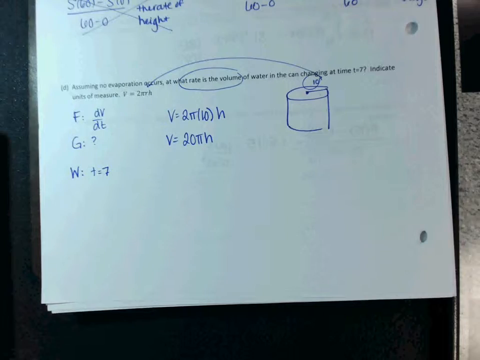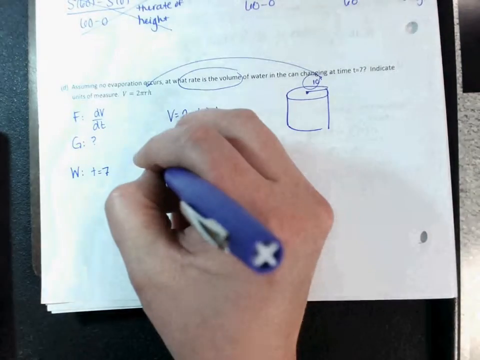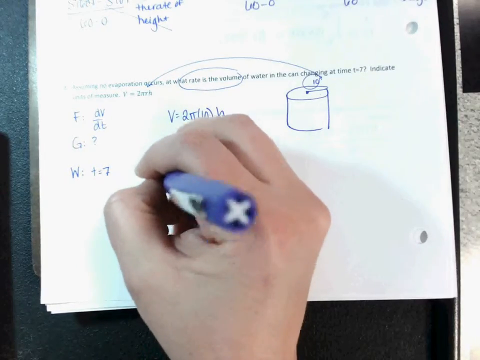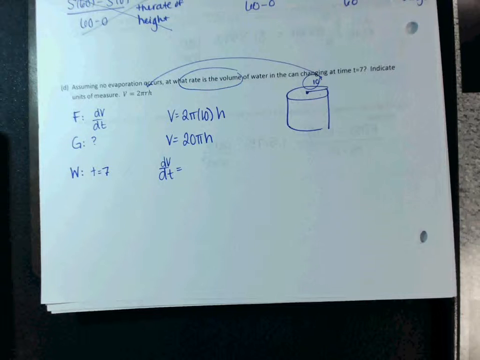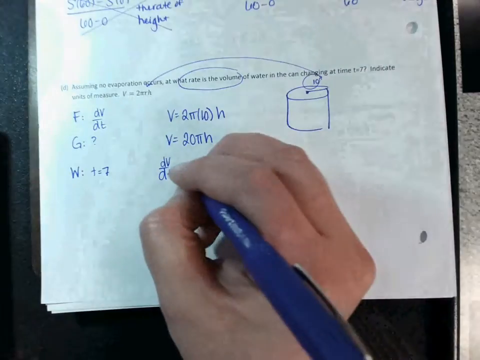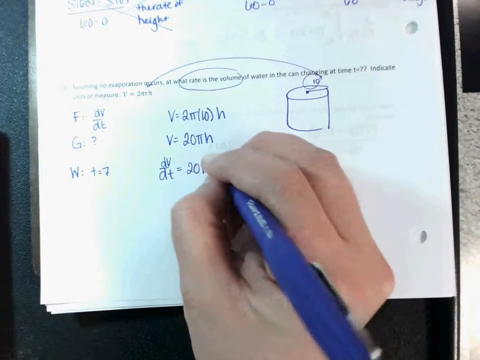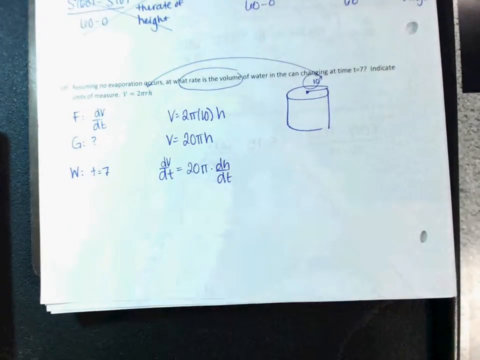Because radius is always 10, doesn't matter. So derivative of V is what? Or V prime. I'm going to put dV/dt since it's related to time. On the other side, what's the derivative of 20 pi h? Good. 20 pi dh/dt.